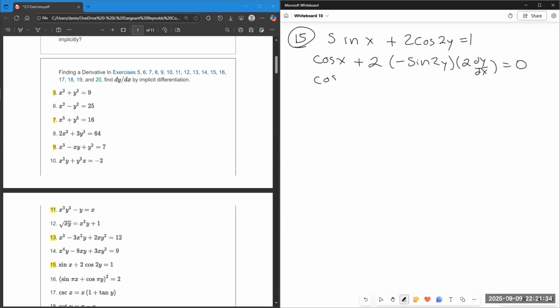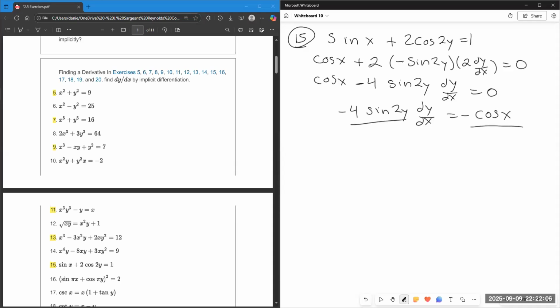So we have cosine of x minus 2 times 2 is 4, sine 2y dy dx. Carry everything without the dy dx to the other side. So negative 4 sine 2y dy dx equals a negative cosine x.